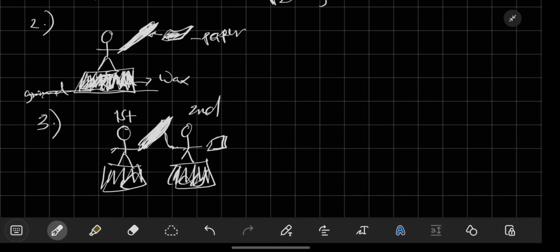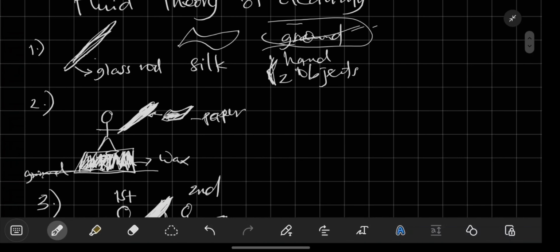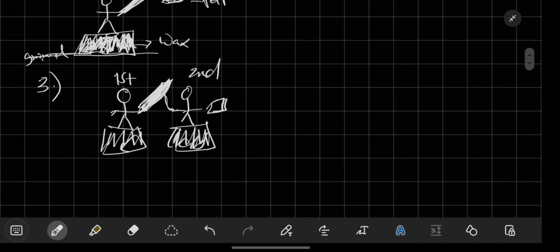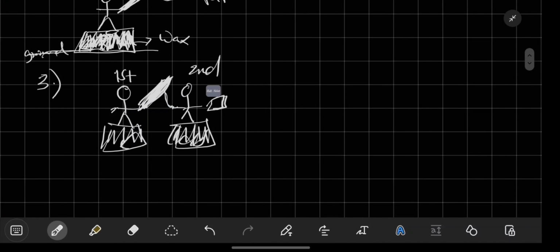So, ang nangyari dito is yung charge pala na nakuha niya dito sa first experiment and second experiment ay pwede palang i-transfer from one subject to another subject or from one person to the other person.